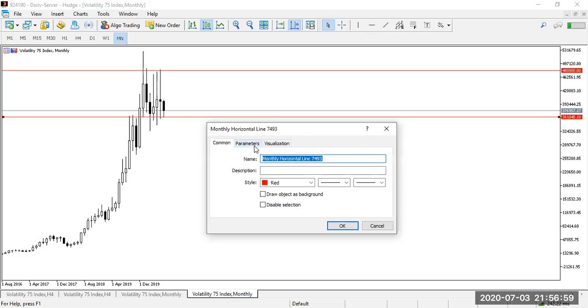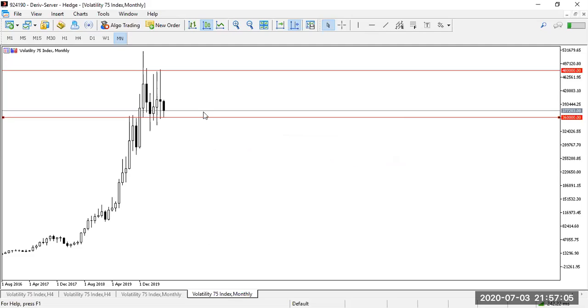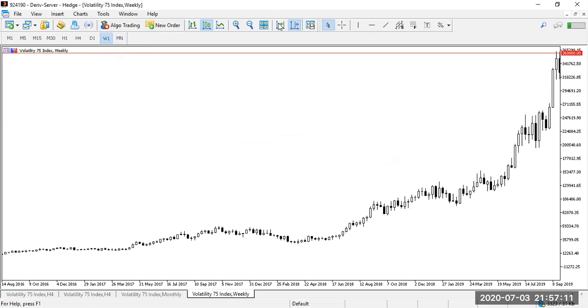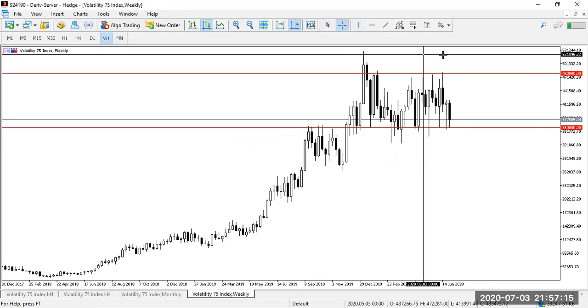That is quite a wide range. 360000. So that is our range for the previous month. And now let me go to the weekly time frame and see how the week ended.